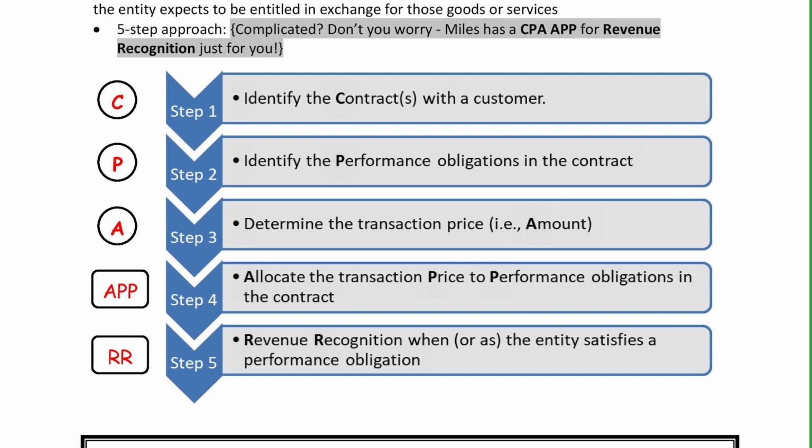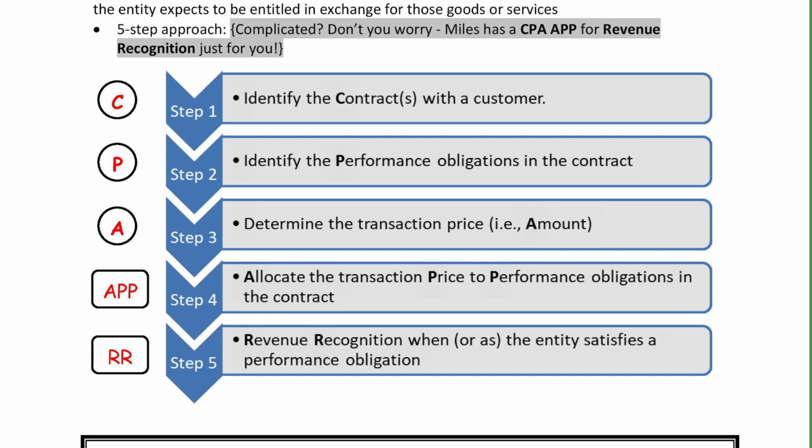Step number 3, determine the amount. Step number 4 was about allocating the transaction price to performance obligations, the app. And step number 5 was revenue recognition when or as the entity satisfies a performance obligation, whether over time or at a point in time.